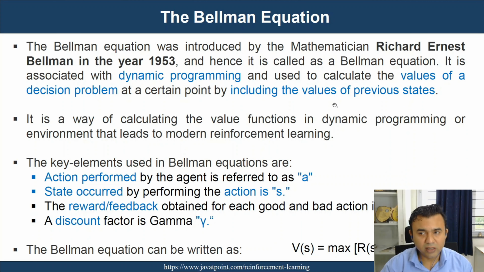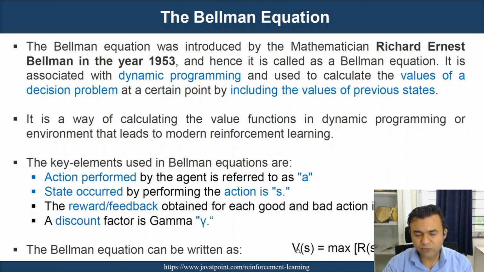Which means it stores the previous values from the previous actions, and based on that, it calculates the value for the next action. So it is the way to calculate the value functions for dynamic programming, or the environment that leads to modern reinforcement learning.